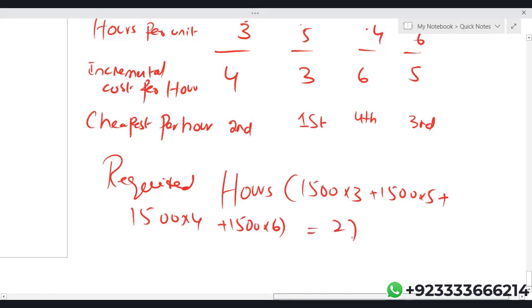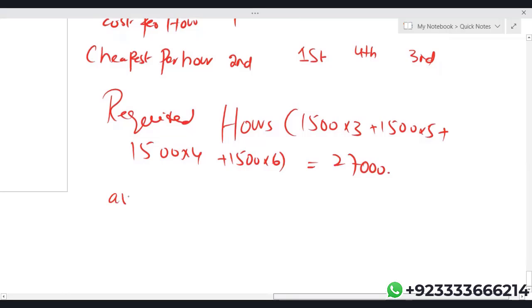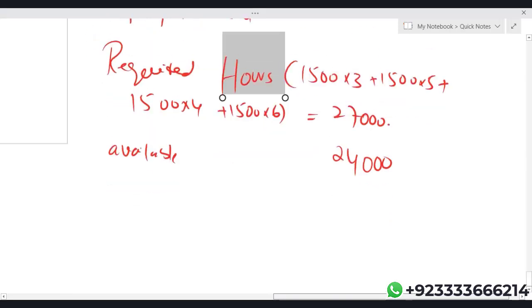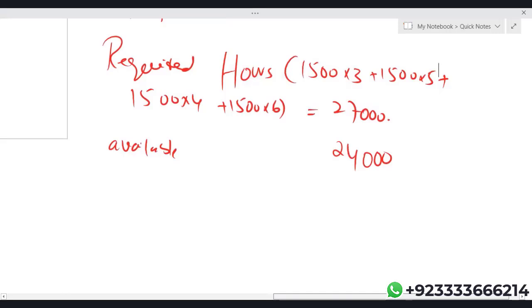We need 27,000 hours, but available is 24,000. So the shortfall is 3,000 hours.